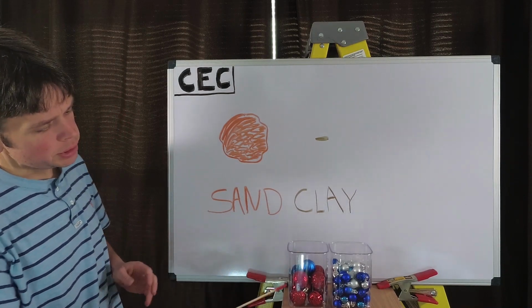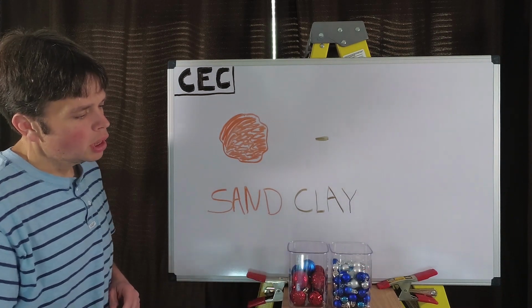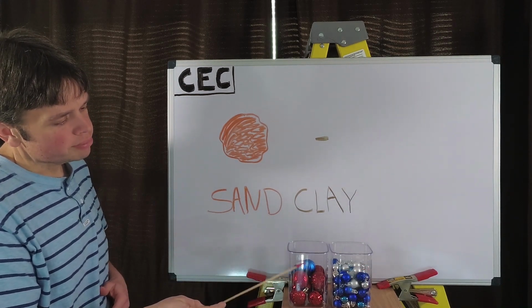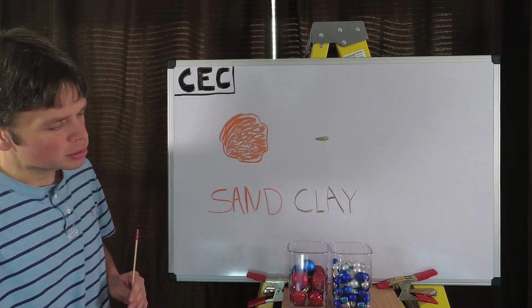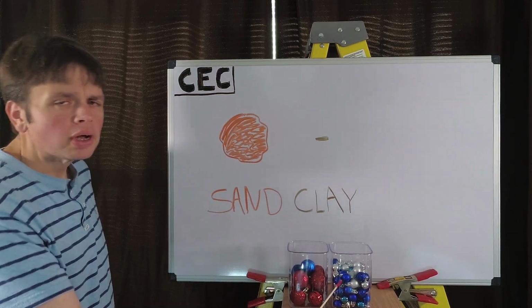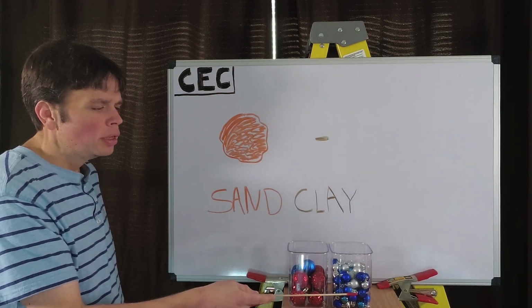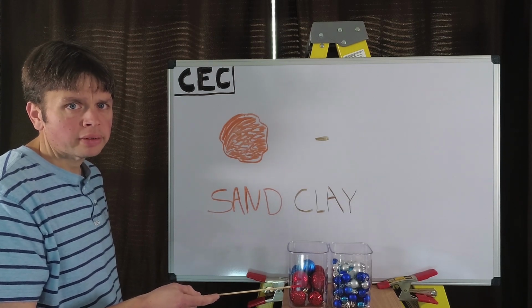So, as you can see, they're about equally filled. Here we have sand, and over here we have the clay particles. And as you can see, you can fit a lot more clay into this jar than you can sand.